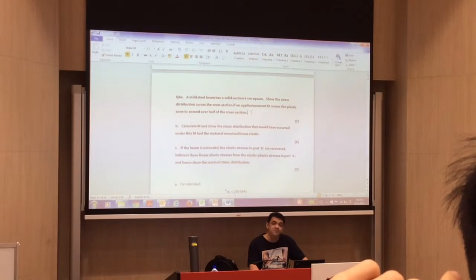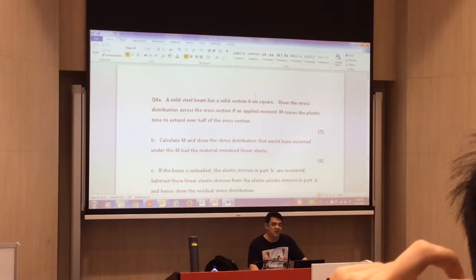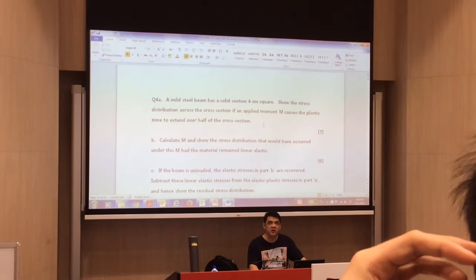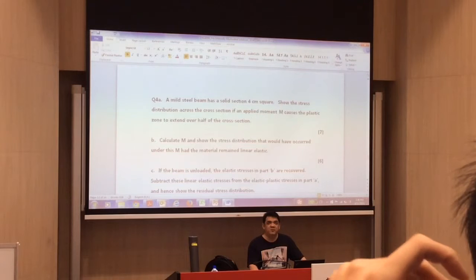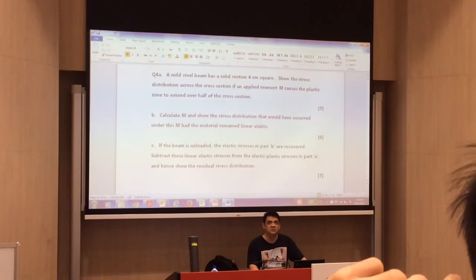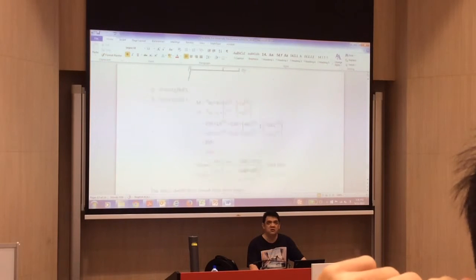Since we didn't discuss this much, this problem shows a similar problem here, but your cross-section is 4 centimeters squared. Stress distribution, applied moment causes the plastic zone to extend over half of the cross-section. Okay, so this is the solution here.